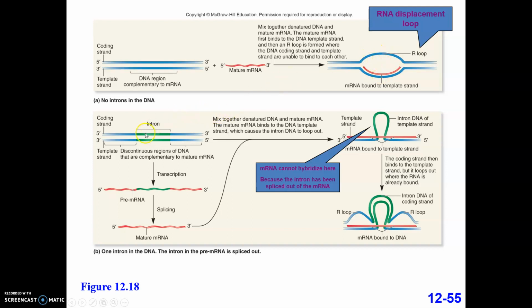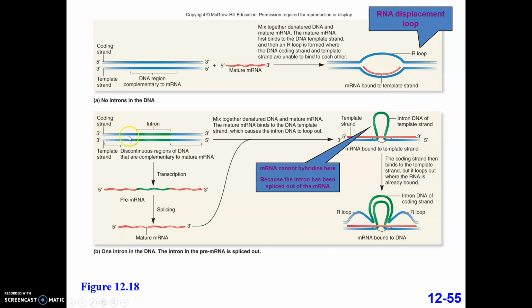What happened when we took this into eukaryotic cells is, and we'll discuss it from the perspective that you already know what exons and introns are, so here is a piece of DNA.